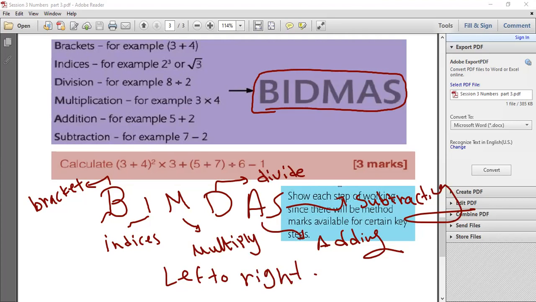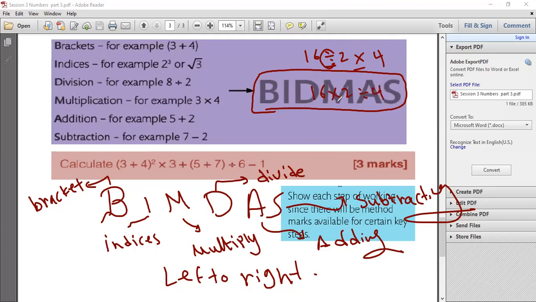Can I ask a question? Of course. Should we do the division first or the multiplication first? From left to right, what you see first, you do it first. For example, which one is first, divide or multiply? Divide. So I do divide first. See here.